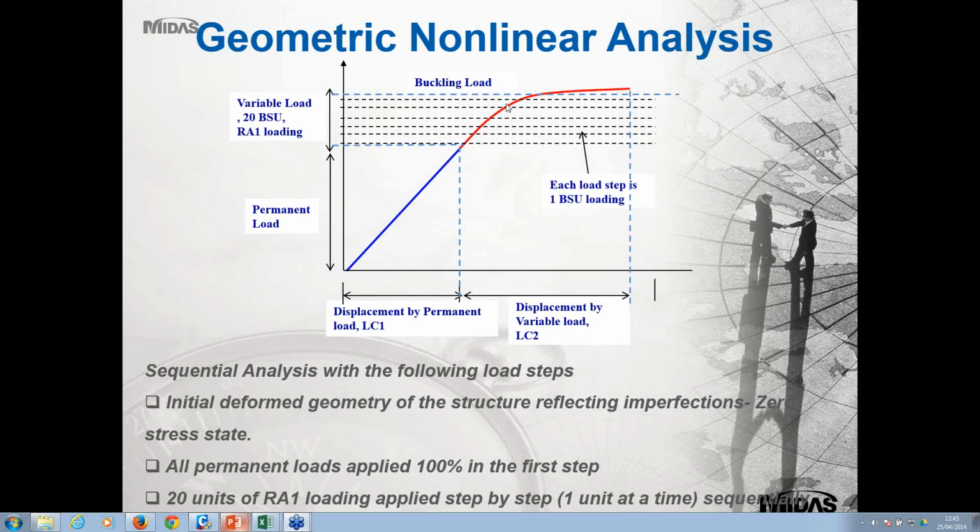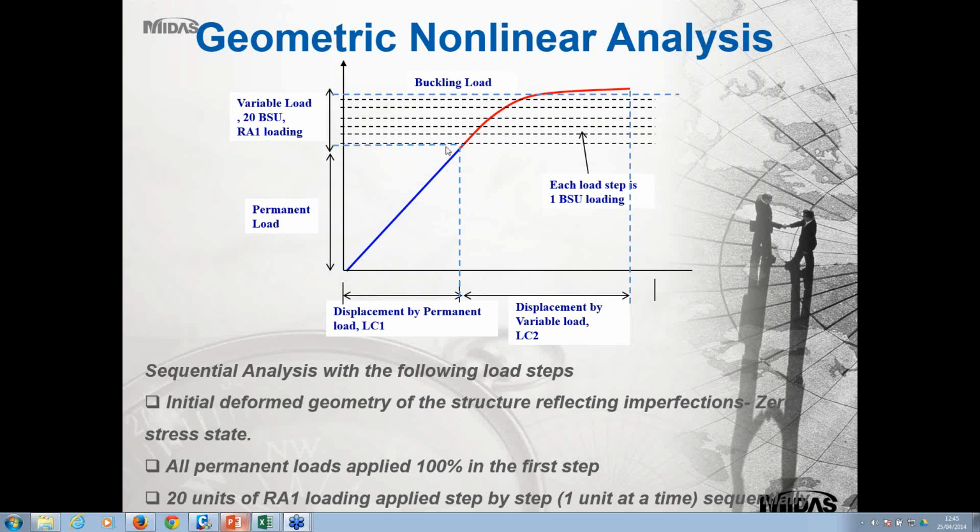At this point we match up the number of BSUs, and that will be our total effective BSUs, which we subtract by 10, and we get the final RA, or the rating of the bridge, from the nonlinear analysis. So all permanent loads are applied at 100% in the first step, and then RA1 loading is applied step by step in the nonlinear analysis.